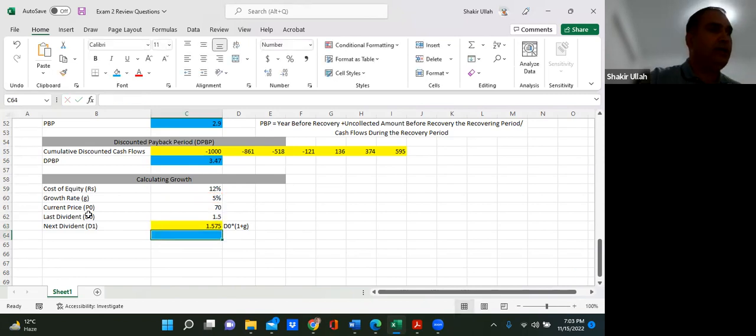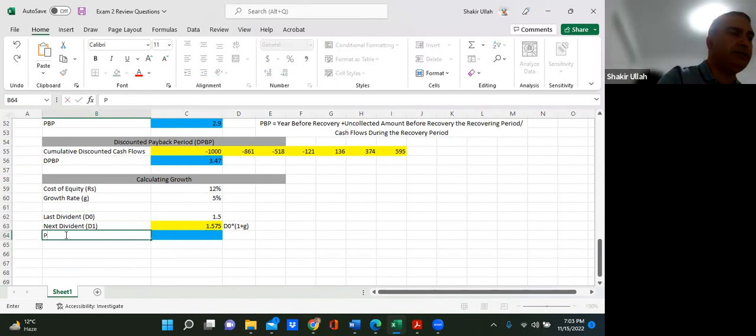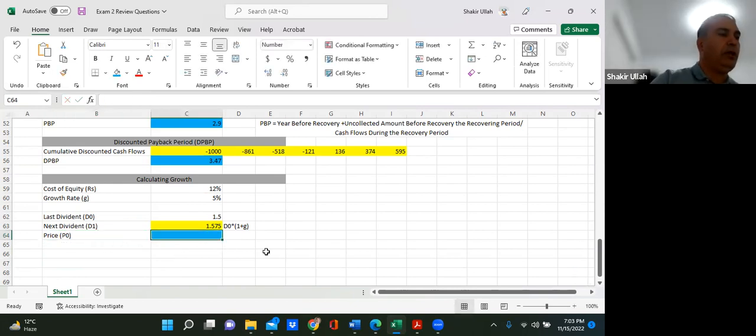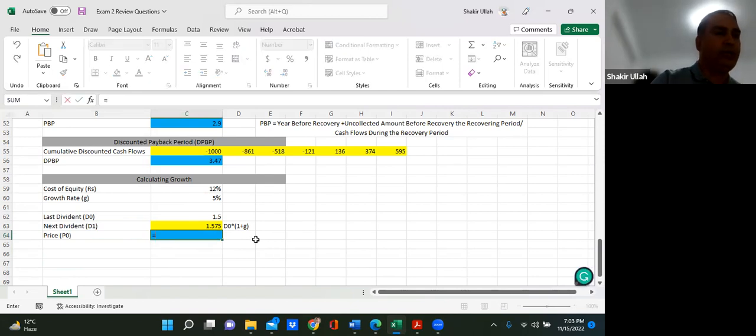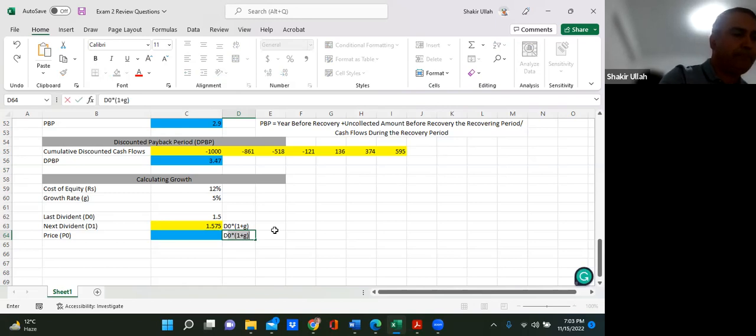Let's say that we are required to calculate the price, and that's not given. So let's say price, or we call that P0. We know the formula for calculating the price is equal to D1 divided by (RS minus G).